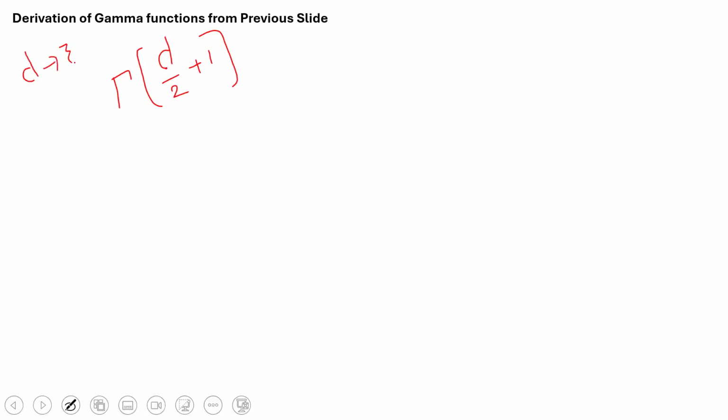So what we are trying to do here is gamma of d by 2 plus 1. We are talking about d as even. We know gamma of n plus 1 is equal to n into gamma of n, right?